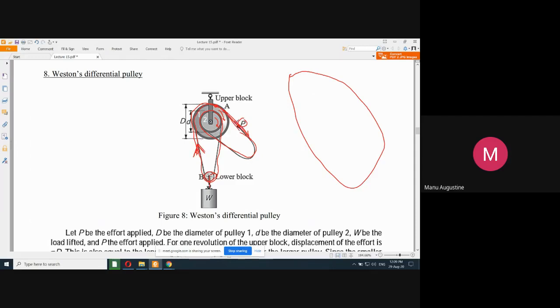But this rope being pulled, as you can see, is being released through this path to the lower pulley. So what will happen when the rope is released to the lower pulley or the smaller pulley? It will wind around this and it will be released downwards to the weight block here.